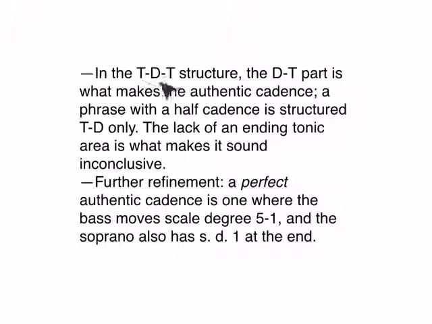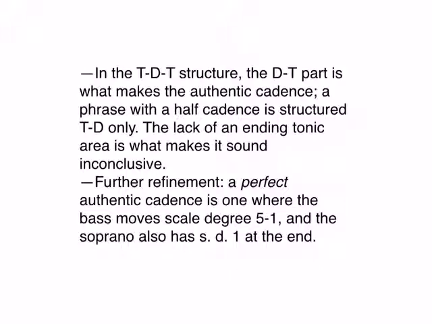In the tonic-dominant-tonic structure that we just talked about, the dominant-tonic part at the end is what makes for an authentic cadence. A phrase with a half cadence is structured with an opening tonic and then a dominant at the end only. It doesn't have the tonic at the end. And it's a lack of the ending tonic that makes it sound inconclusive.